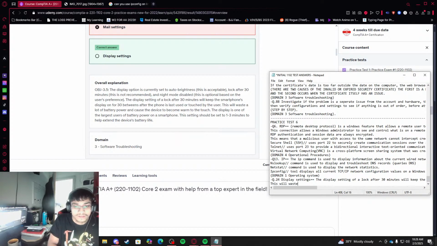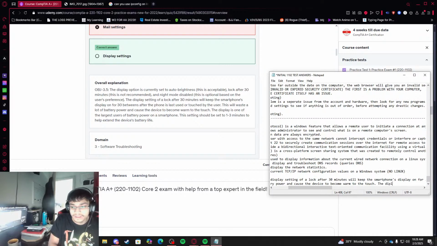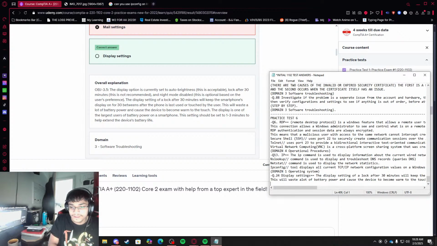This will waste a lot of battery power and cause the device to become warm to the touch. The display, hold on. The display, I'm gonna write this all caps, is one of the largest users of battery power in a smartphone.